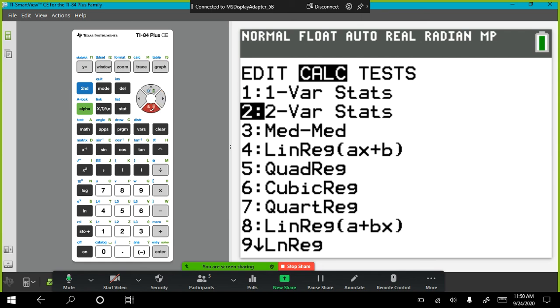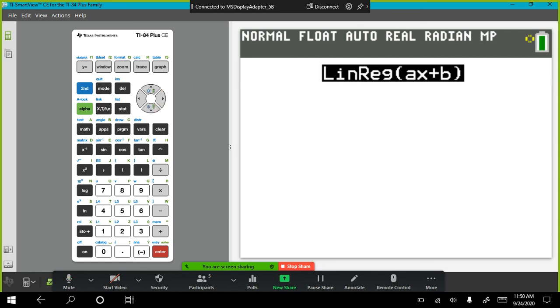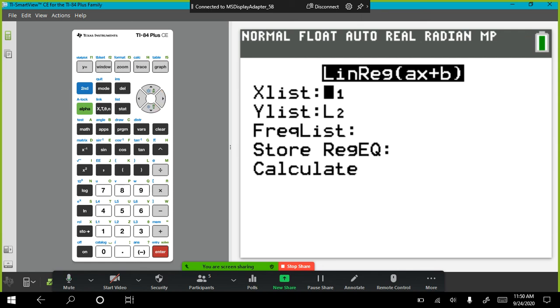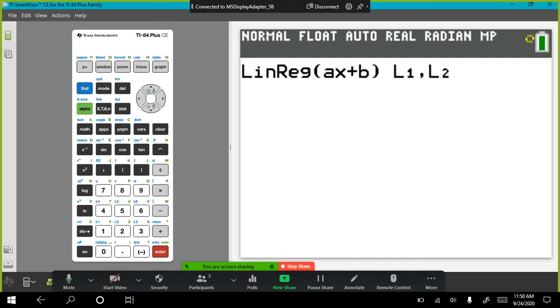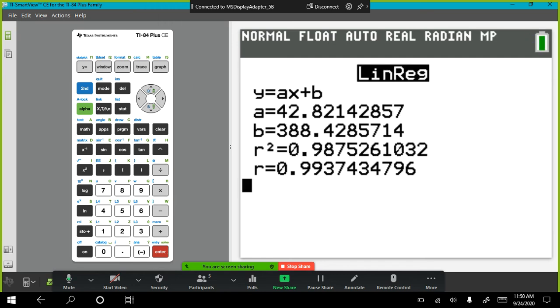And I'm going down to the 4th one, line reg, and hit enter. I just enter all the way through, and it gives me my slope and y-intercept of the line of best fit. And then I look at the R value. As it approaches 1, it's a better and better prediction. It lines up better and better. The closer it gets to 0, then the more scattered the points are.